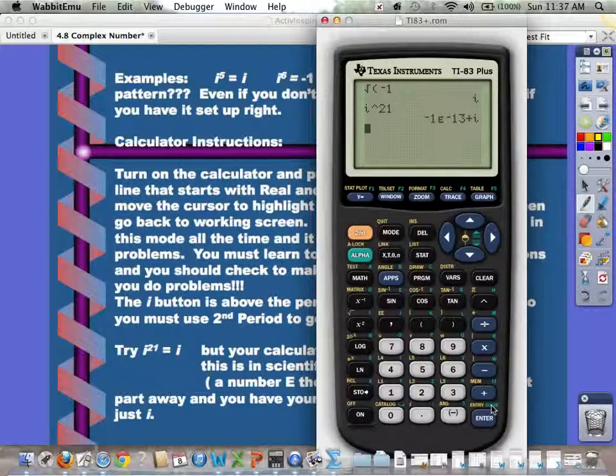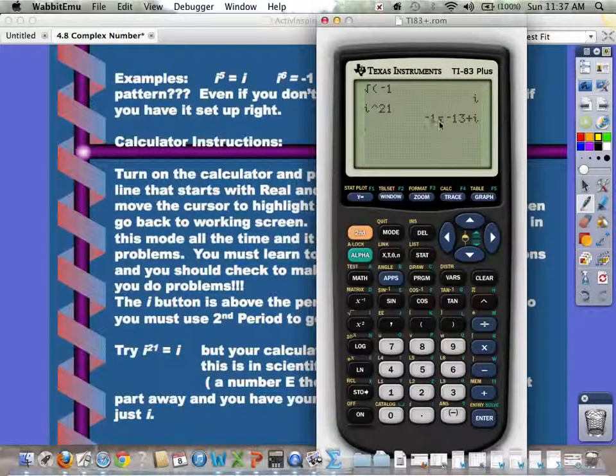Now, I want you to notice the answer that you get. Some kind of nasty looking thing. It's really not bad. This is in scientific notation. Okay, negative 1 E to the negative 13. You're working in chemistry, most of you right now, and you know that scientific notation is really negative 1 times 10 to the negative 13th power. All this right here up until this plus is scientific notation.